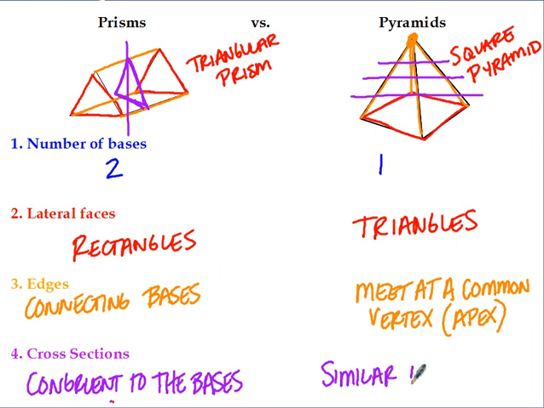So it's still going to be a square, but those squares are going to get smaller and smaller the closer that we get to that apex at the top. So that's the main difference between prisms and pyramids. Really, you can just look at the number of bases. If it has two parallel bases, then it's a prism. If it only has one base with the point, the apex at the top, then that's a pyramid.